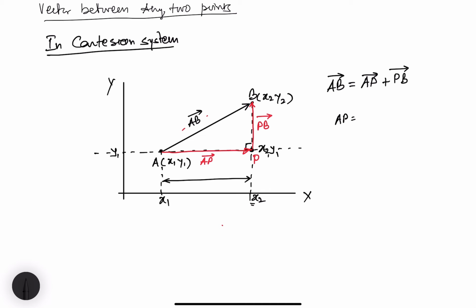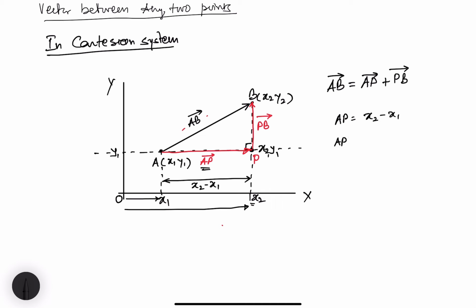Remember, all distances are measured from the origin. That means from here to here it's x1. From here to here it's x2. So what is the in-between length? x2 minus x1, which is nothing but the length of AP.